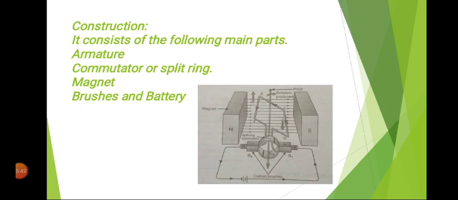Now we have placed a rectangular conductor inside it, and if we switch on the switch of the battery, then the conductor will experience the force. Means when current flows, the conductor will experience the force.